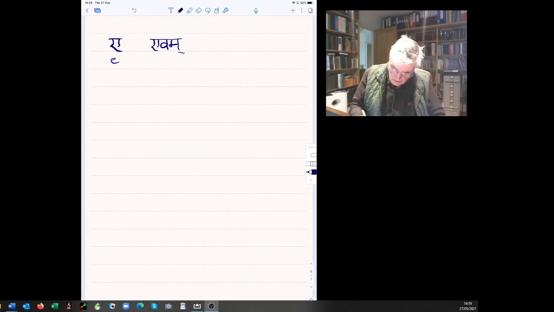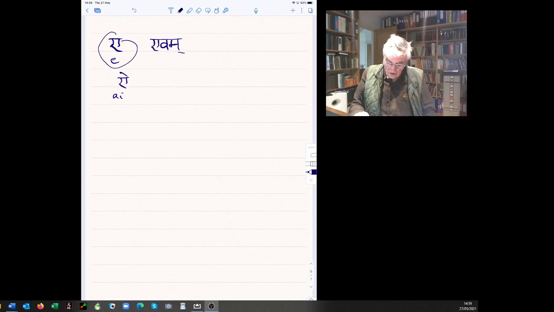The diphthong ai is written like that. So the same as the e, but with an extra stroke on top. That's ai. As with all of the other vowels, these vowel signs are written in full only at the beginning of a word group.